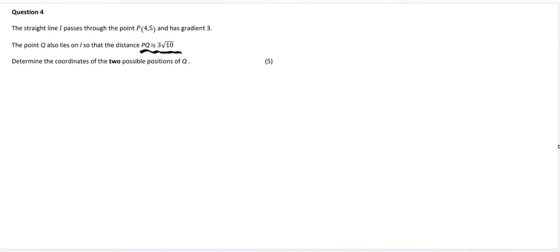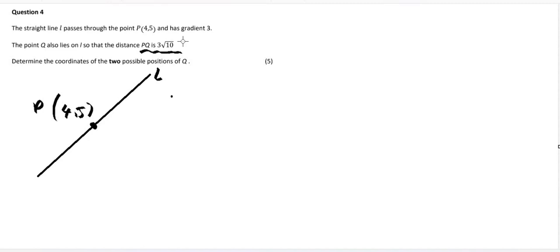Okay, so if you've got a line, let's think about it. It has a gradient of 3. Okay, so we've got our point, which is 4, 5. That's P. And this is our line L. Q is also on this line, and it's a distance of 3 times root 10.